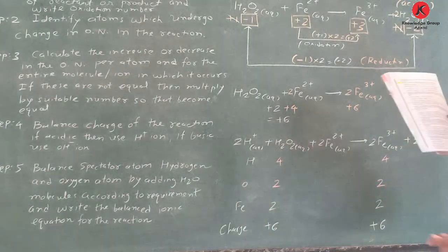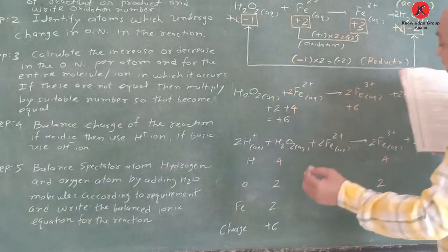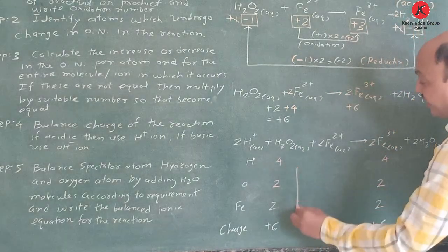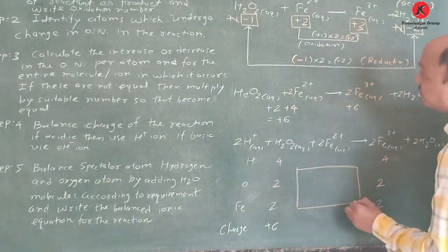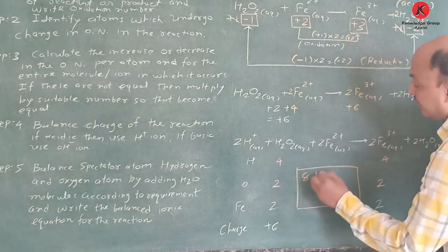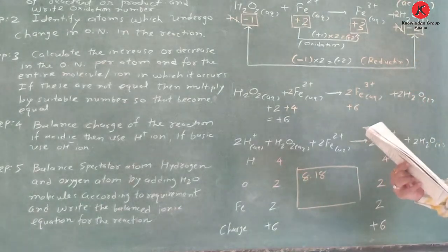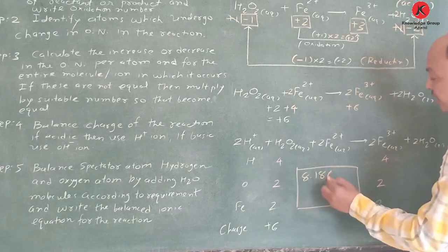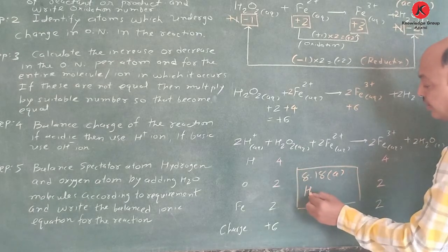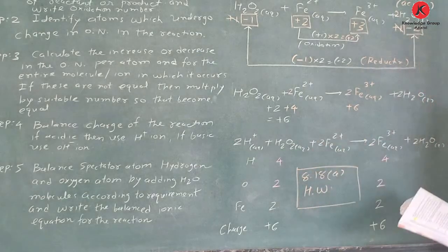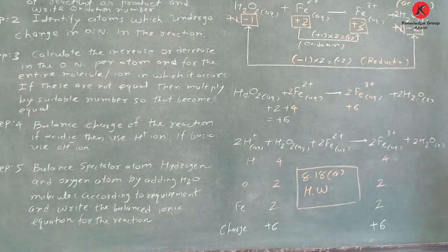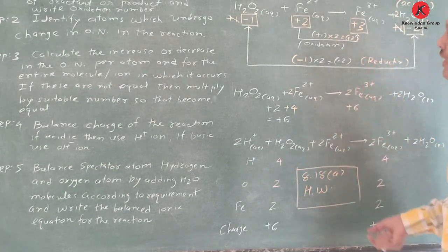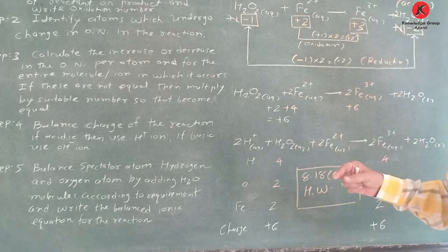Okay, and now 8.18 A is in your homework. I write it here. Okay, you balance it.